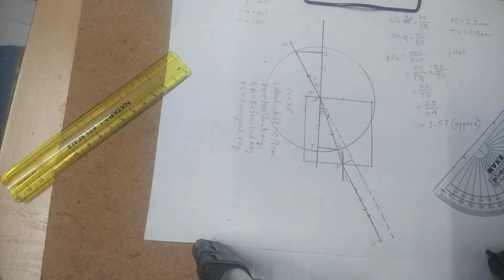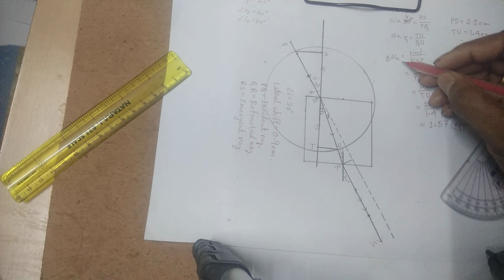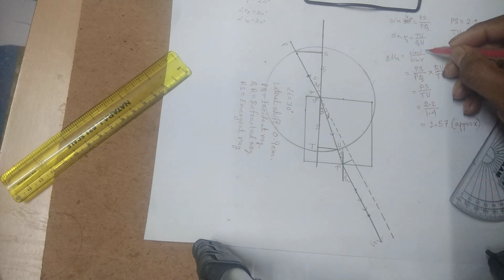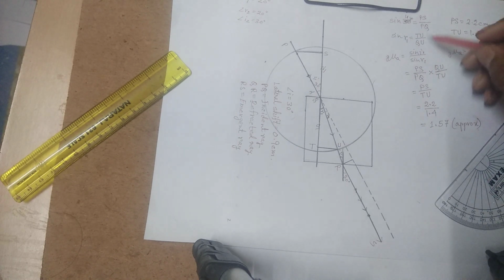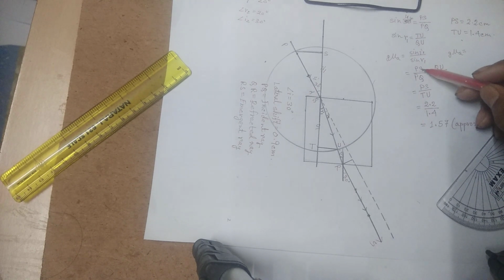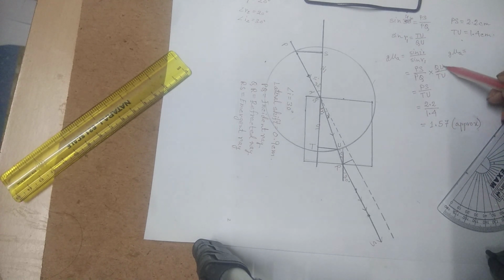Now we know that to find the refractive index of glass with respect to air, it is sin I1 by sin R1, right? We find sin I1 as PS by PQ, and sin R1 as TU by QU. Therefore, it will multiply QU by TU.